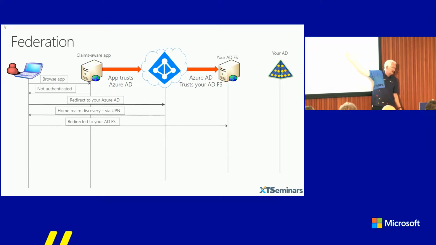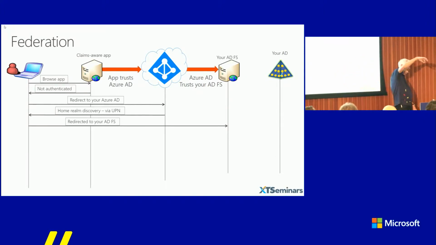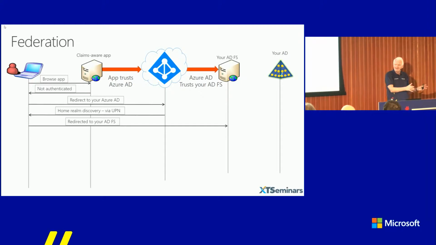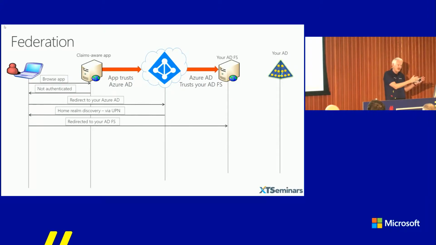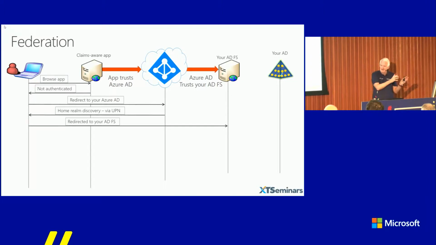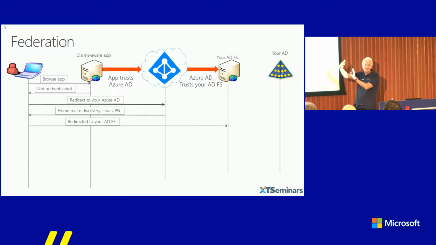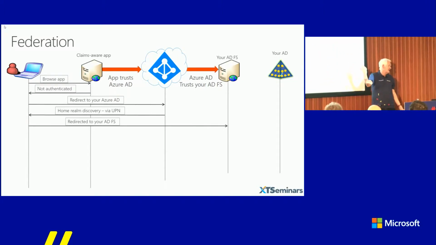for their organization. And depending on whether you're coming from the internet and hitting the front-end proxy or you're going directly to the ADFS server, depends exactly how authentication happens. If you're going to the front-end proxy, you're going to have to supply username and password because it's going to be in a form.